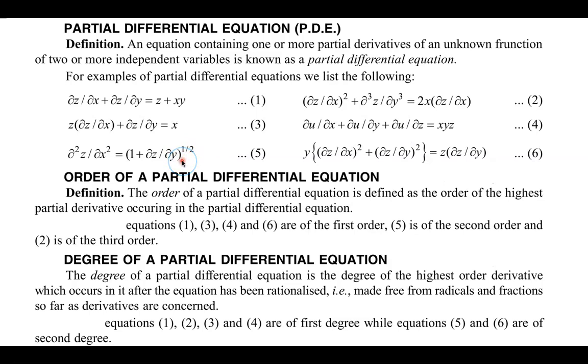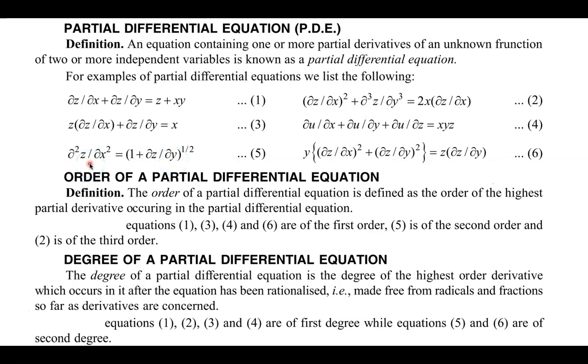But in example 5, we can see that there is a radical occurring on the right hand side. So, in order to remove this, we need to square both sides of this equation. Then we will get dou square z by dou x square, this derivative whole square is equal to 1 plus dou z by dou y.